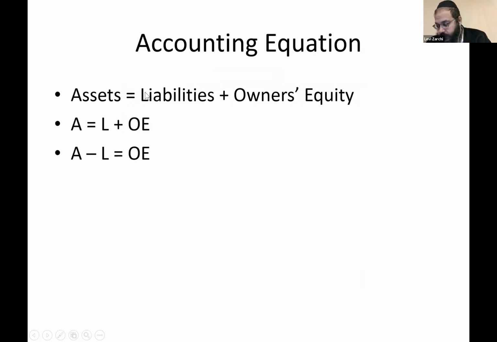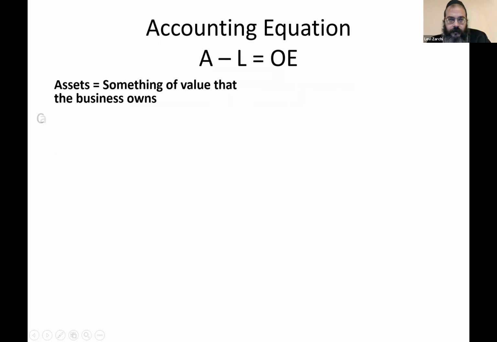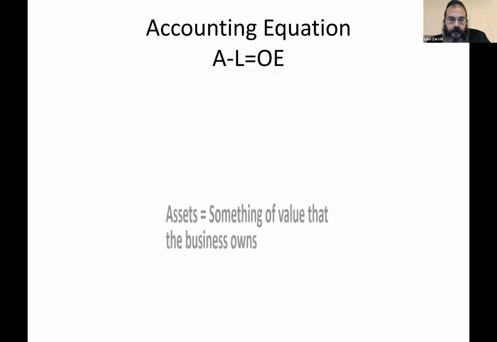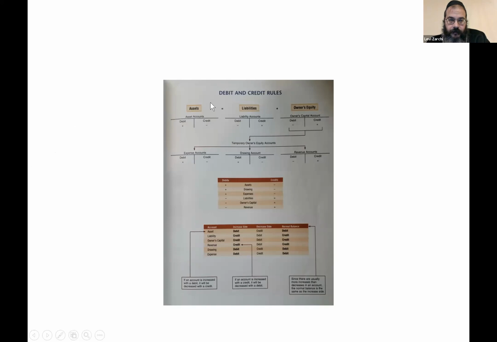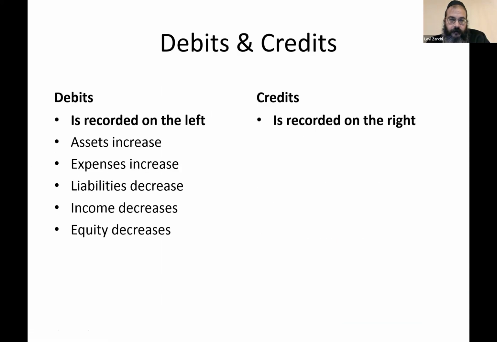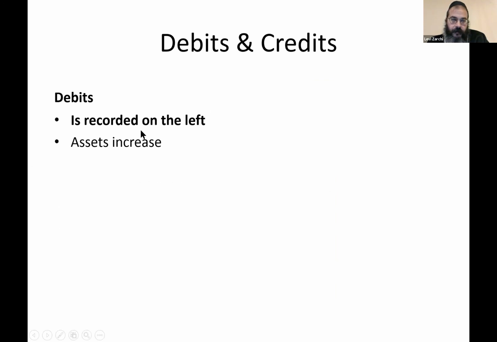Okay, so if we remember, we had assets equals liabilities, and there are debits and credits. See if we can zoom up on this one here. So we have the assets on the left, right? Debits are recorded on the left, and the assets increase.